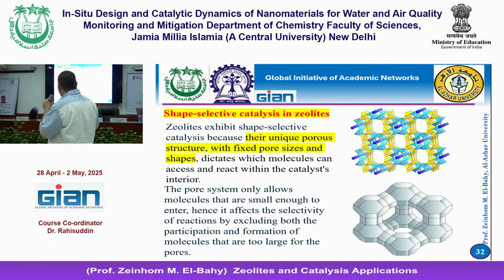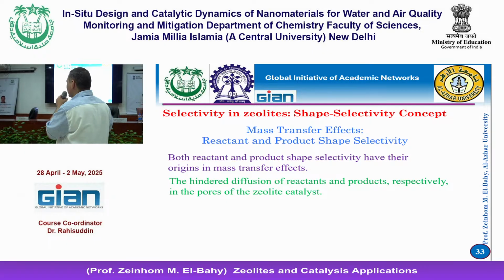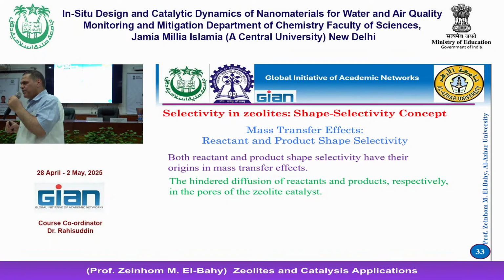Let me show you how important it is, because these shapes make people try to use it for mass transfer. It has a mass transfer effect. The shape selectivity concept is the mass transfer effect in zeolite. It has three types of this selectivity.